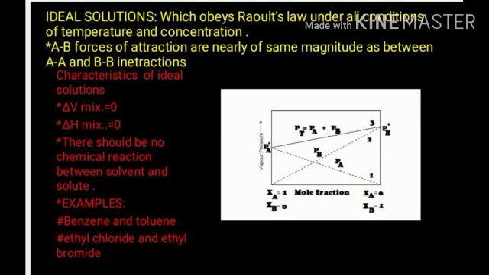That is, when both the components are pure liquids. The PA decreases along the line 1 when B is added to A. And similarly, PB decreases along the line second when A is added to B.